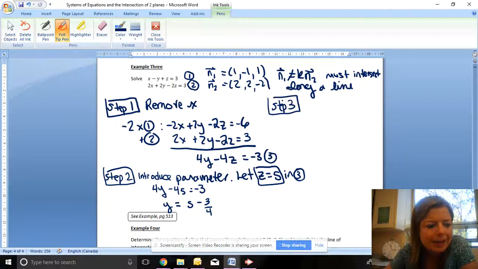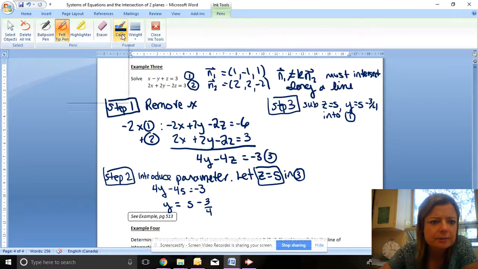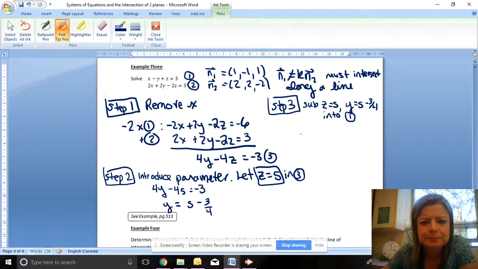So step 3 now is to sub z equals s and y equals s minus 3/4 into equation 1. I'm going to use a different color just so it doesn't get lost here.